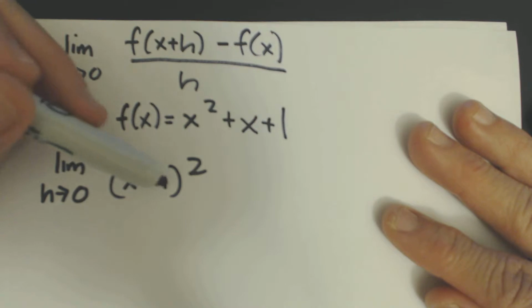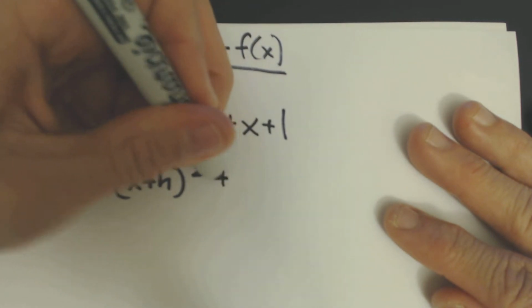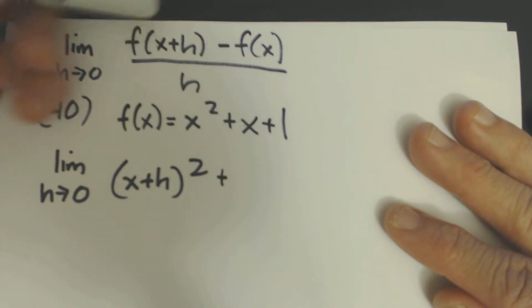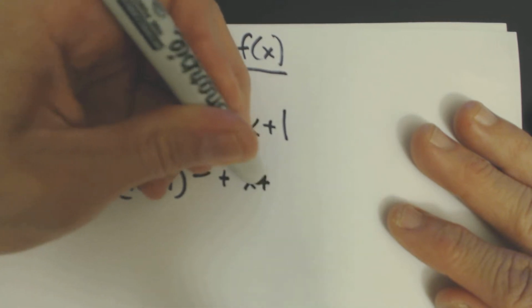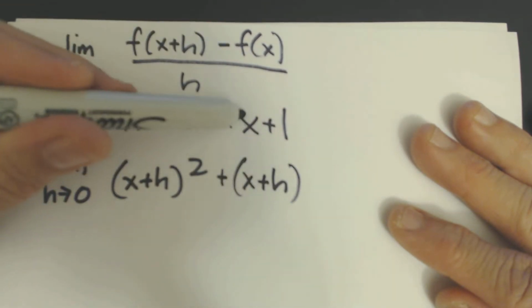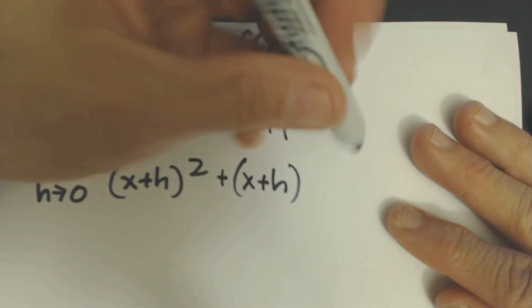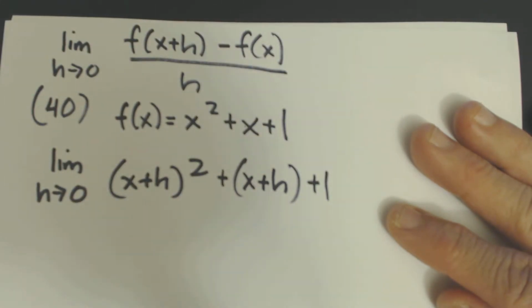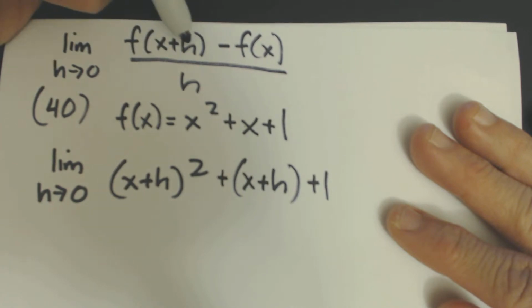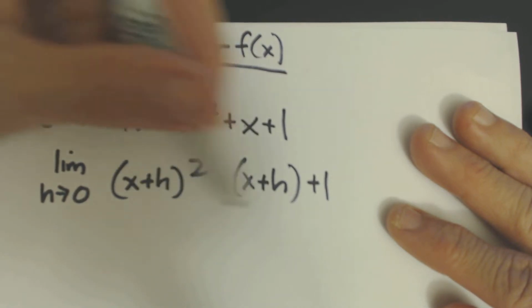So x plus h squared plus x plus h, right, that corresponds to the x value, plus 1. Okay, so now we have the first part of this expression, f of x plus h, taking the quadratic form.